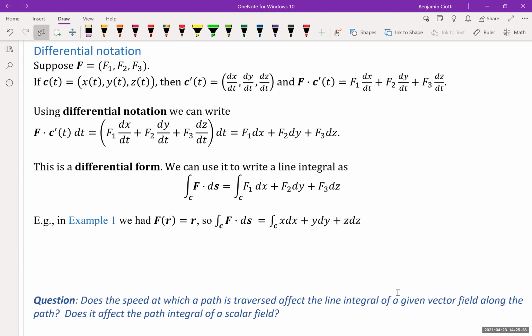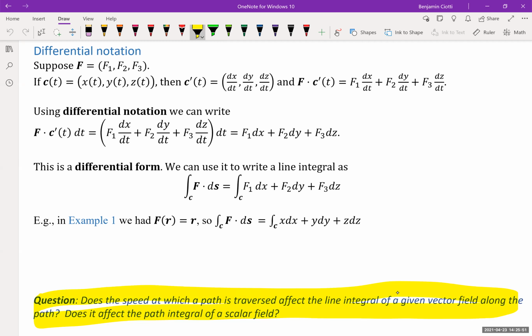If the object's moving faster, but the force is still the same, did it do more work or less work? And similarly, what if we ask the same question for a path integral? So what I just said was this question right here. Does the speed at which we traverse a path affect the line or path integral that we're trying to calculate?